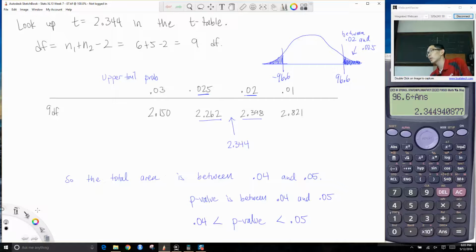So it happens about 4 to 5% of the time, and the question is, we got these results, do you think the results we have were one of those unusual 4 to 5% of the time, or do you think it was part of the other 95, 96% of the time?